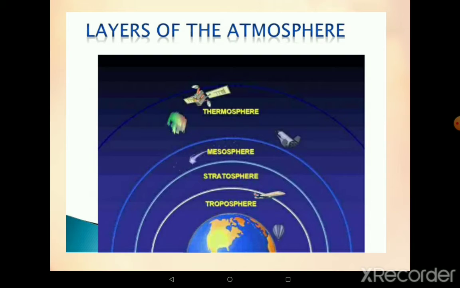After the thermosphere, we have the exosphere, which is made up of extremely rare air, and it extends to about 10,000 kilometers above the thermosphere. This is the layer where the space stations are located at its lower margin.